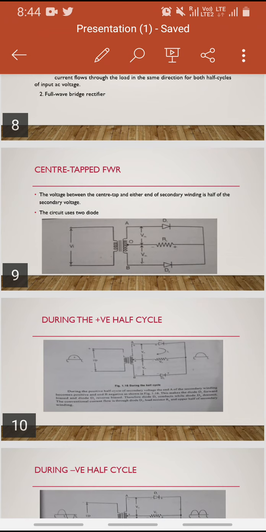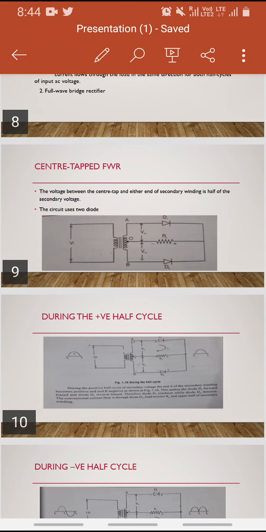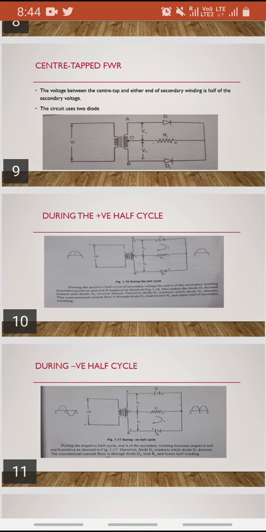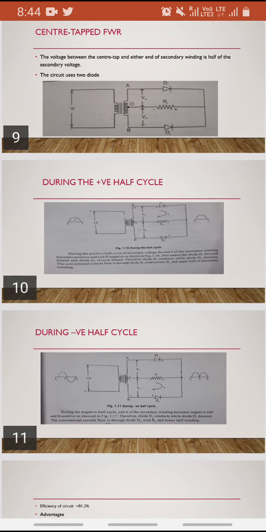Here the circuit uses two diodes which are connected to the center tapped secondary winding of the transformer, as shown in the figure, and there are two different cycles, the positive cycle and the negative cycle.